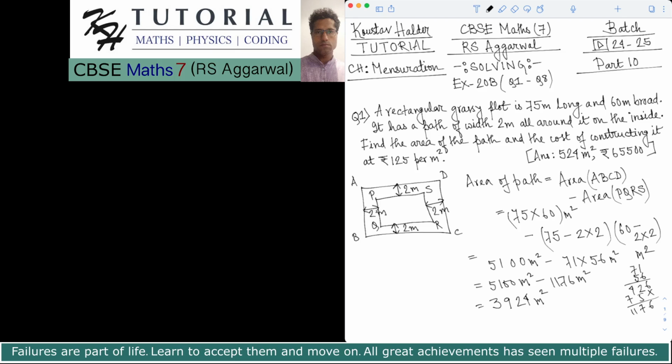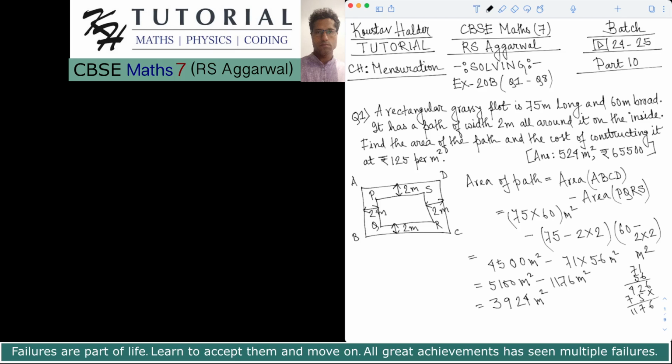Area of the path. Why is it coming so much? Area of the path will be the area of the rectangular plot, which is 75 multiplied by 60. Okay, so 75 multiplied by 60 is not 5100. I am making a calculation mistake. So this is 4500 meter square.